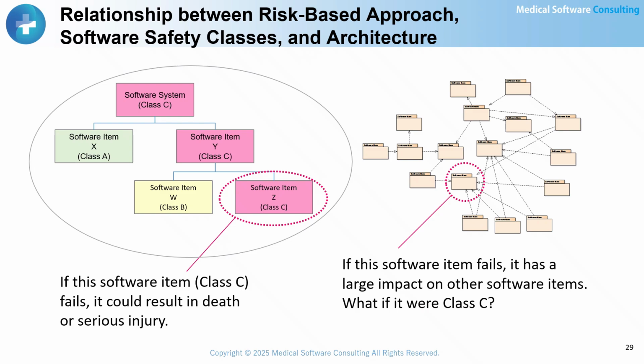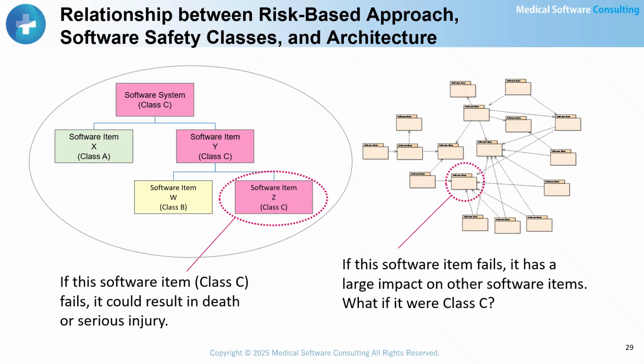Let's look at an example of how software safety classes relate to software architecture. As shown in the diagram on the left, when a software item classified as Class C is part of a software system, it means that if this item fails, the patient using the medical device could face death or serious injury. Now think about a situation like the diagram on the right.